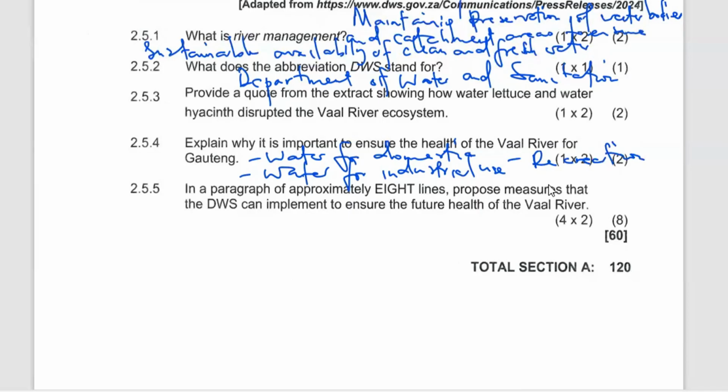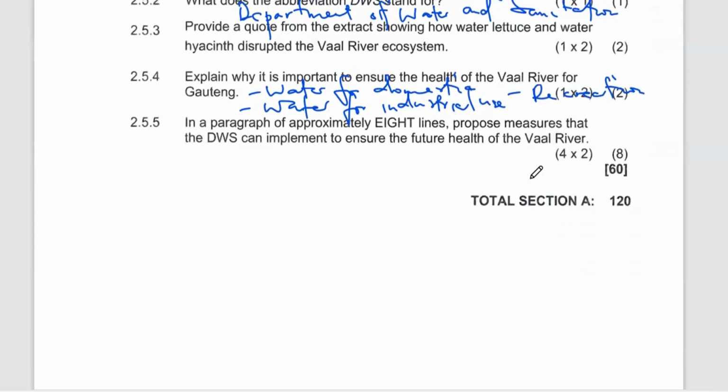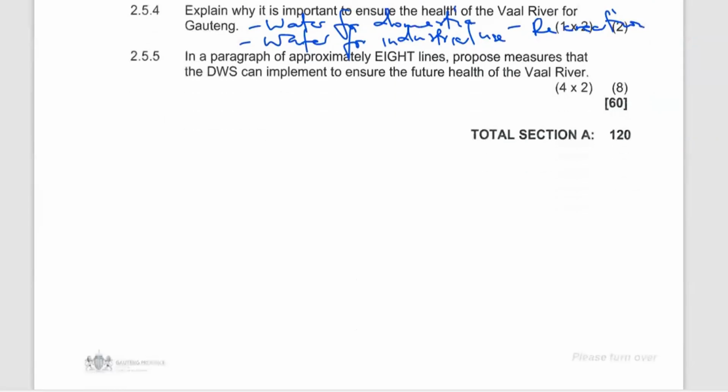So it's most important that we ensure the health of the Vaal River for those activities to continue. There are recreational activities that happen in the Vaal River and the Vaal Dam. We need water for domestic use and for industrial use, ultimately for the sustenance of jobs for people in the industries. They rely on the water from the Vaal, so we need to ensure healthy sustenance of the Vaal River.